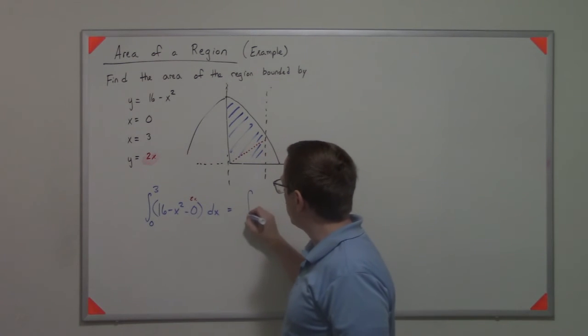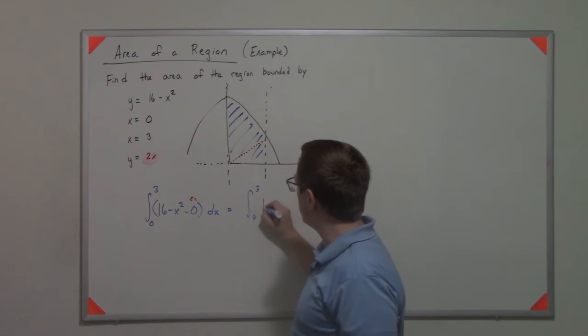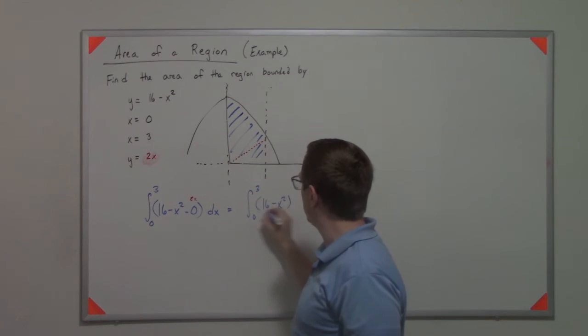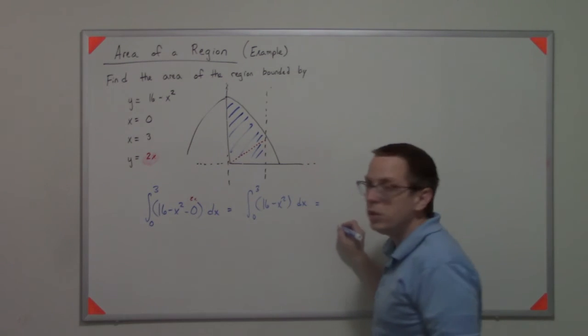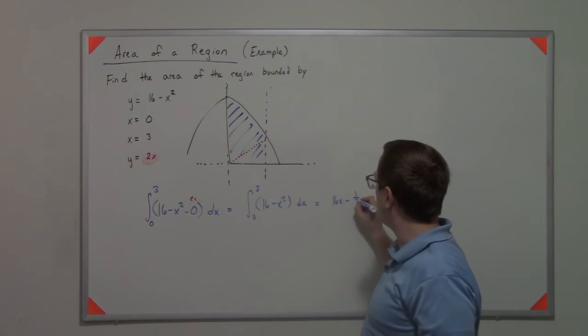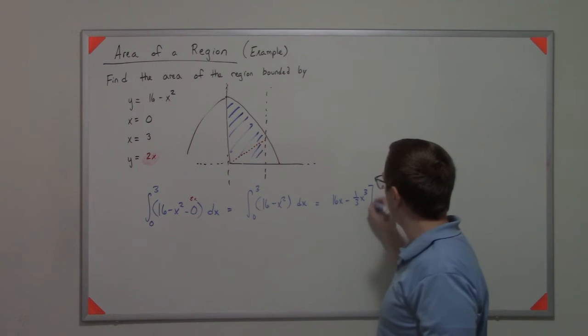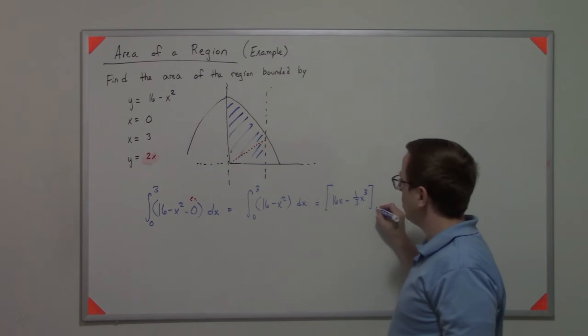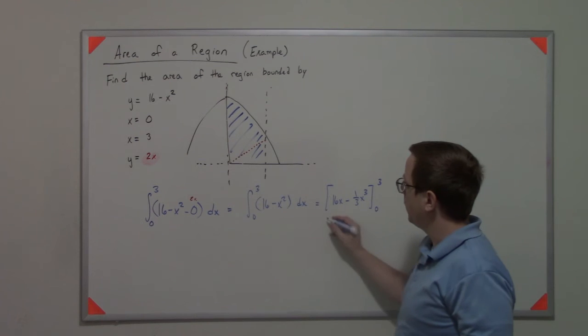that is the integral from 0 to 3 of 16 minus x squared dx, which then is, the antiderivative is 16x minus 1/3 x cubed from 0 to 3.